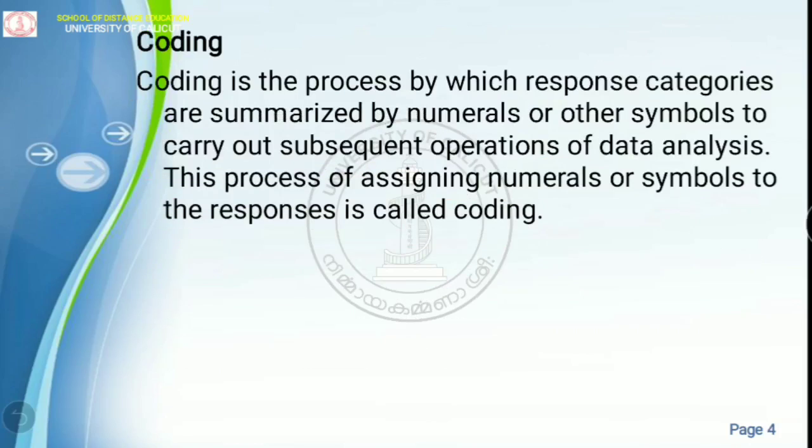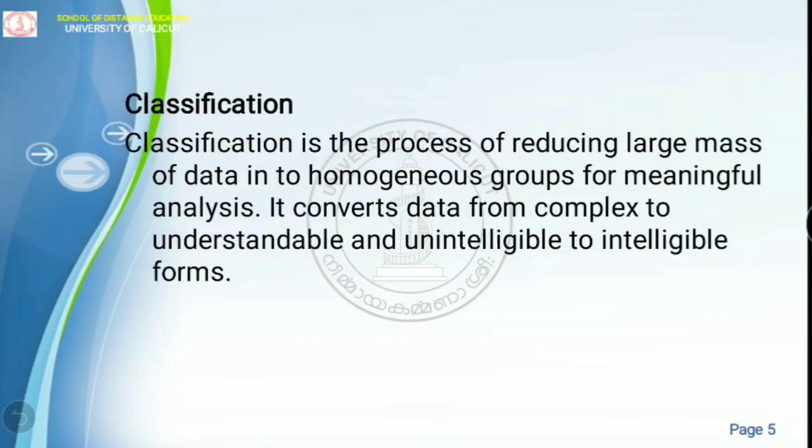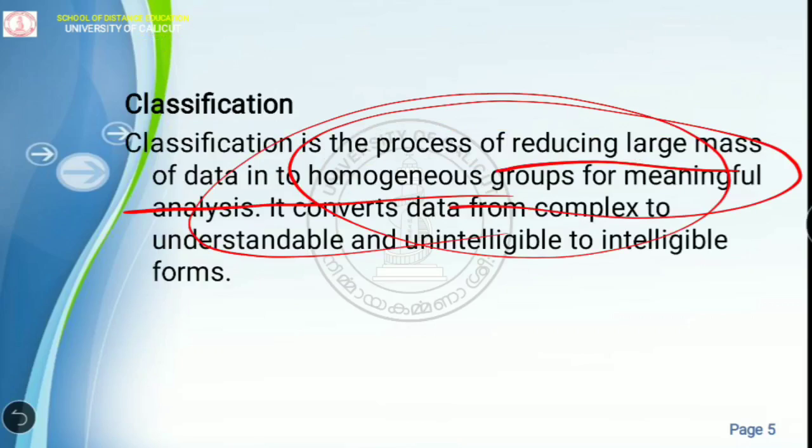Coding is the process by which the response categories are summarized by numerals or other symbols to carry out the subsequent operations. Classification is the process of reducing a large mass of data into homogeneous groups. Classification means grouping the data as per their homogeneity.